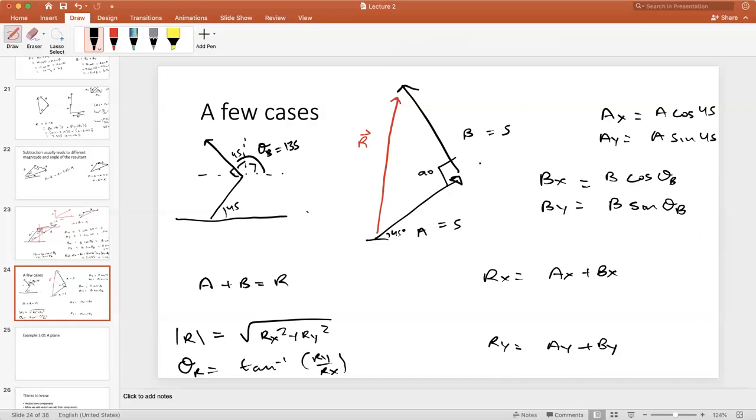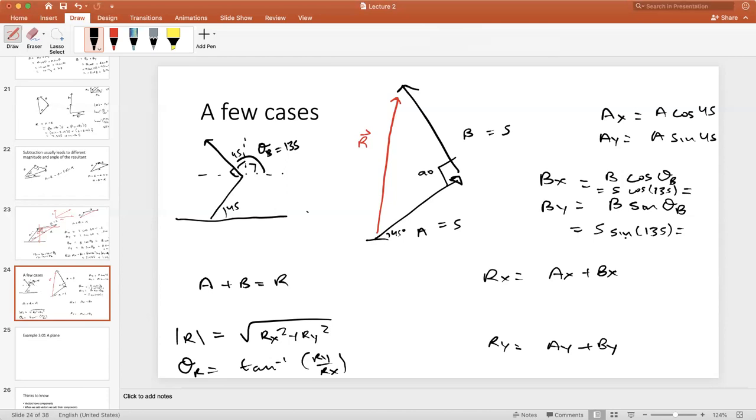We don't need to really worry about that too much yet, but you can just write this as 5 cos of 135, or you could write it as negative cosine of 45 and sine of 45. Anyway, and this is 5 sine of 135.